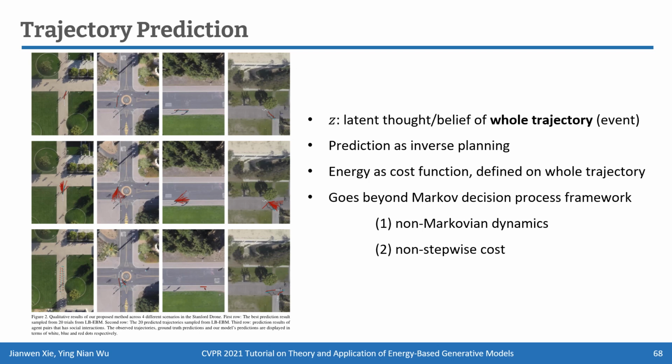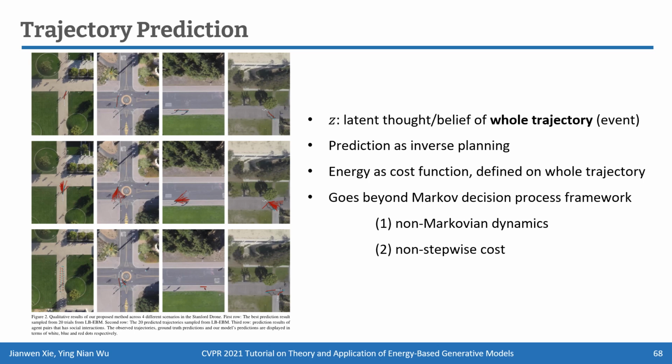In the sense that this model, first, doesn't assume Markovian dynamics. In fact, it puts a probability density over the whole trajectory. It treats the whole trajectory as a whole thing that will be generated without this dynamic Markovian structure.